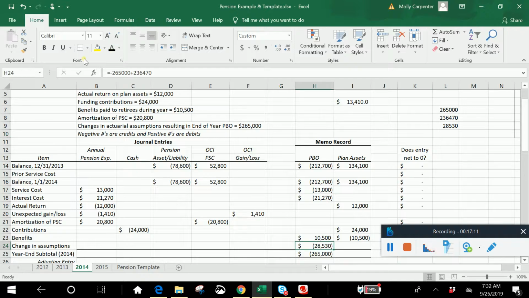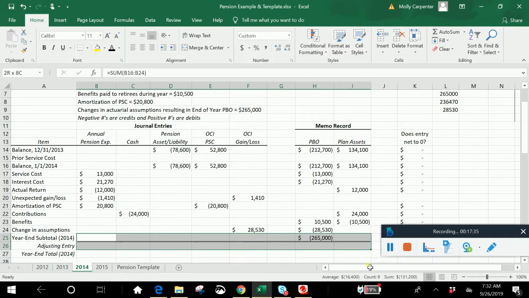So that is what our adjustment needs to be, and that adjustment then also gets recorded into OCI gain loss. So this is going to be a debit there. And then, like I said, at the beginning of every year, we're going to do a corridor test to see whether or not anything needs to be amortized out of that account.